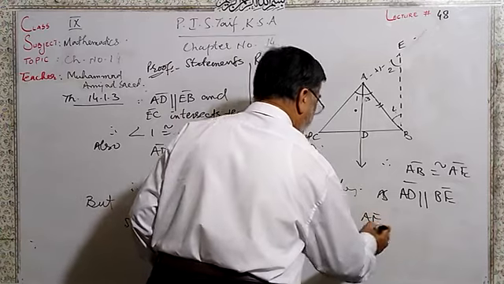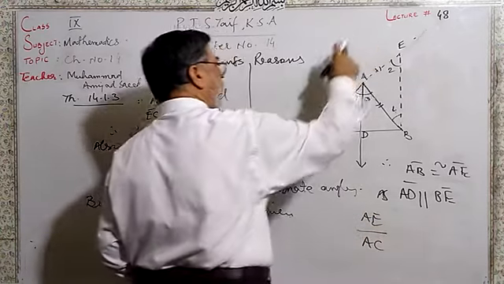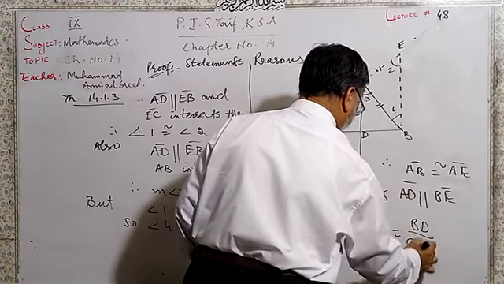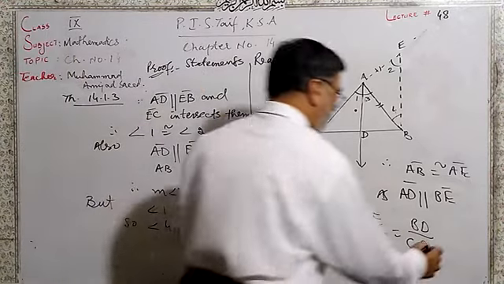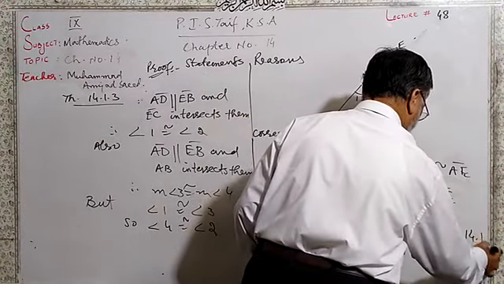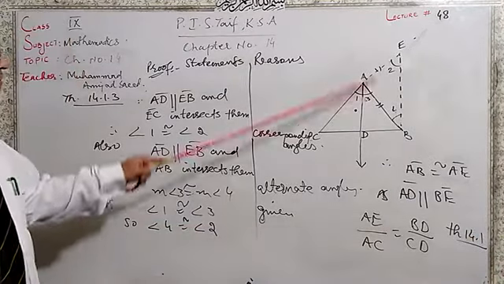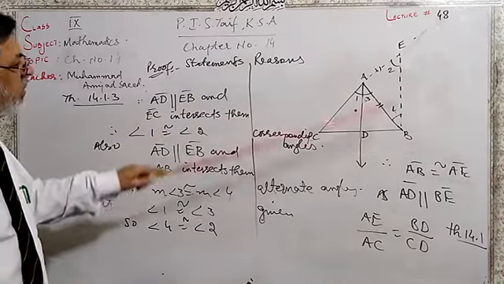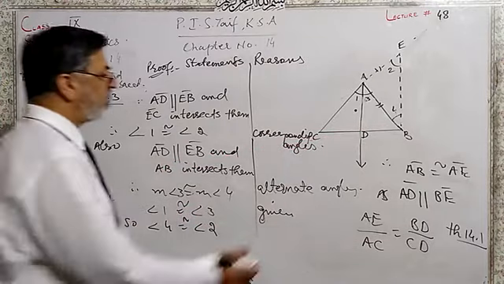So, AE over AC is equal to BD over CD. This is theorem number 14.1. We are using that. If AD is parallel to BE, then the segments will have same ratio, AE over AC, BD over CD.